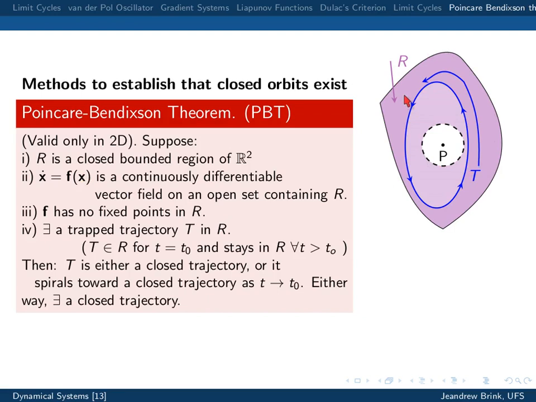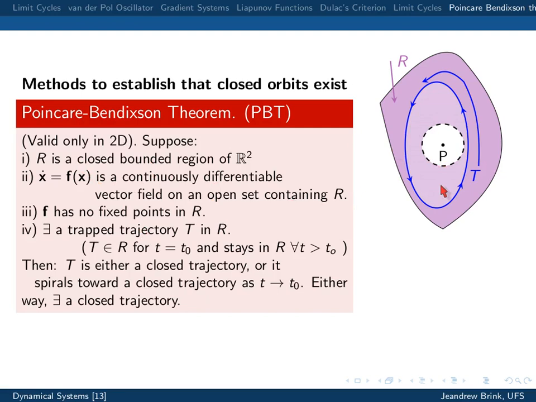It's got to go somewhere. T can never go out, because by assumption it's stuck inside. It can never go in here, so it has to approach something that moves around like that. That's its only option. It can never cross this thing and go out. So this Poincare-Bendixson theorem is basically the criterion you need in 2 dimensions to prove that there is a closed trajectory.